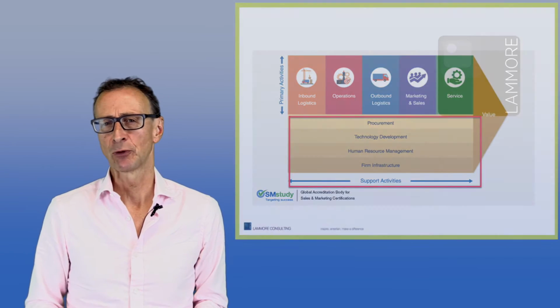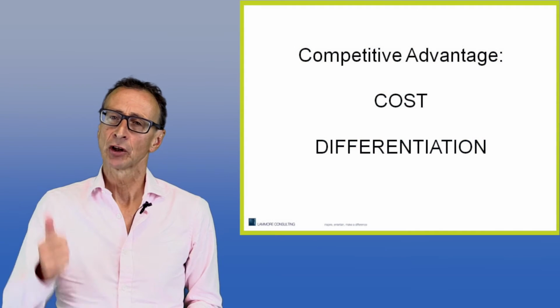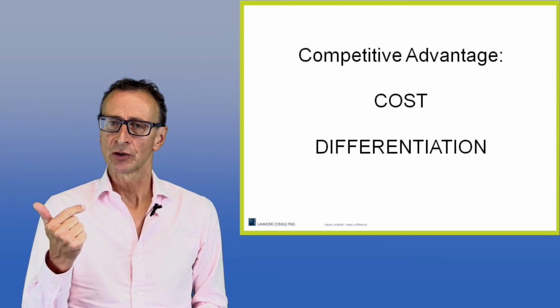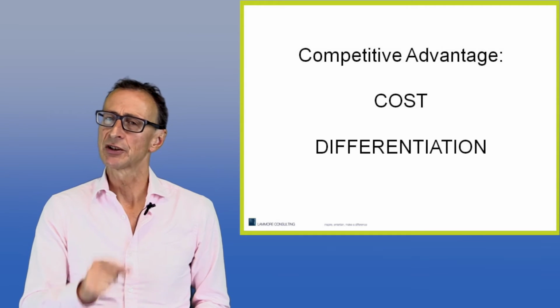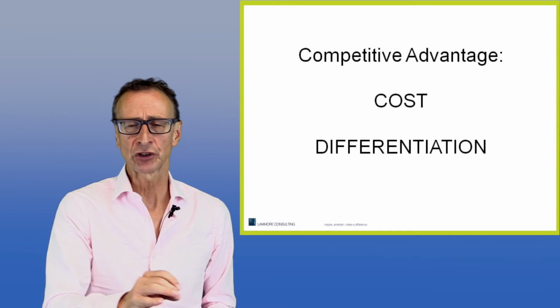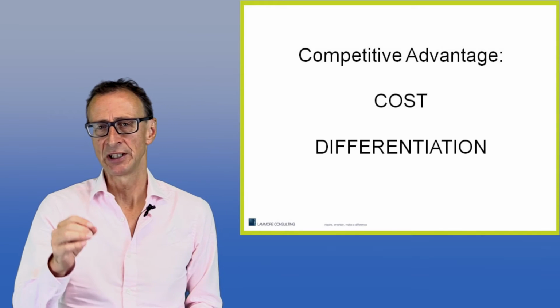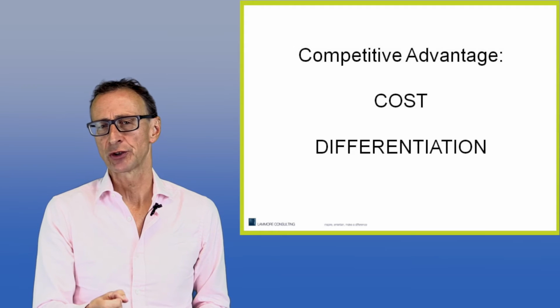So what's the purpose of all of this? Well, it's quite simply two things. One, cost advantage. Secondly, differentiation advantage. The whole idea, as I mentioned at the very beginning, is taking a look at the primary functions and the support activities and understanding how can we reduce costs.